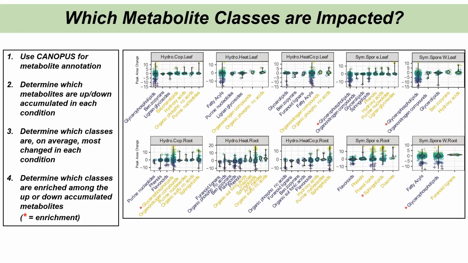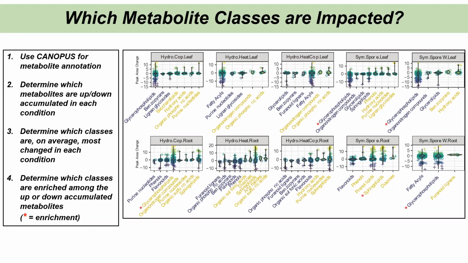So I want to walk you through this figure first before I go over the conclusions. For example, if we take this subgraph here, I'm showing the results for the roots under the copper deprivation. Each subgraph is showing a particular condition. All the roots are on the bottom, all the leaves are at the top.